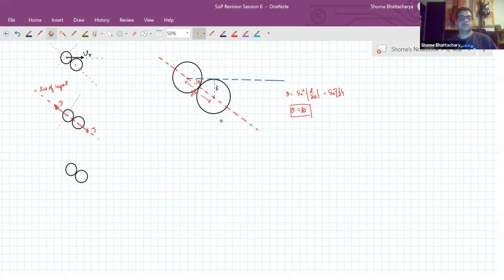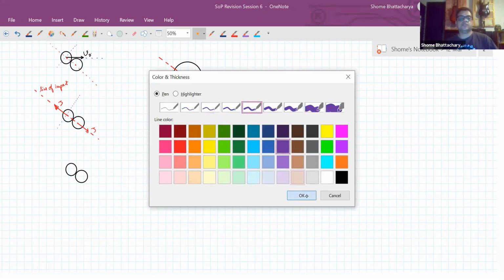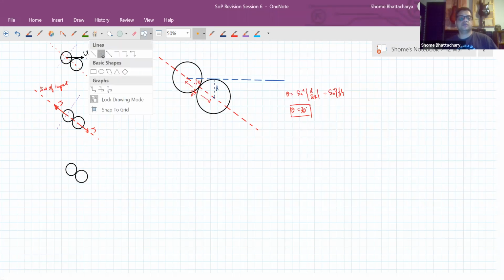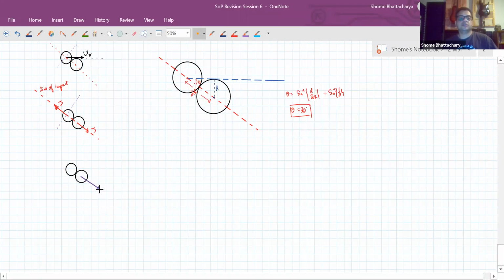Okay, so from that we understand that after impact, the final velocity of B will be along this line of impact, but the final velocity of A will be in some direction like this. So this is VA and this is VB.